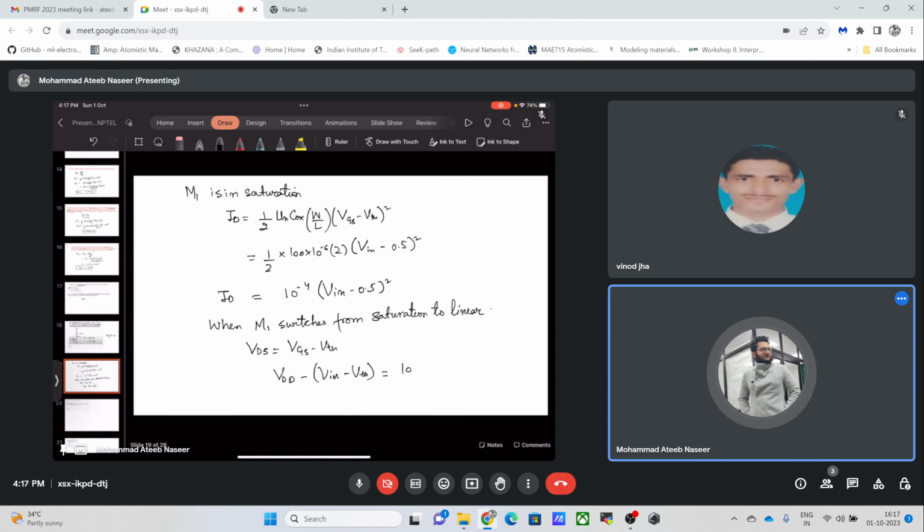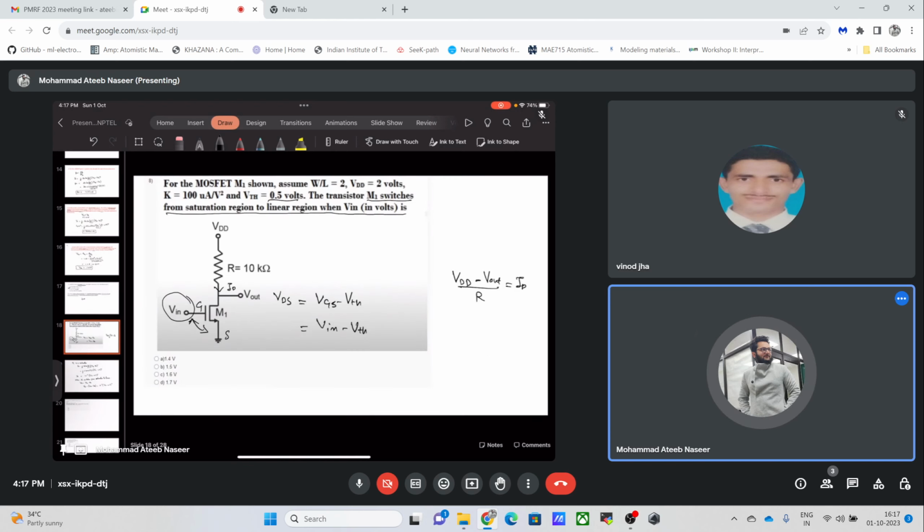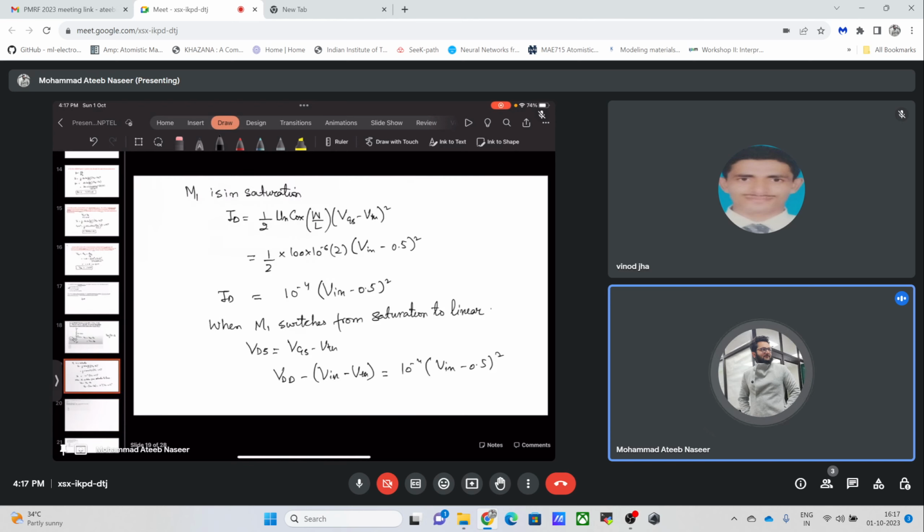ID is equal to 10 to the power of minus 4 times (Vin minus 0.5) whole square, multiplied by R. R has the value of, I guess, 10K, which is 10 into 10 to the power of 3. So we will be left with (Vin minus 0.5) whole square.